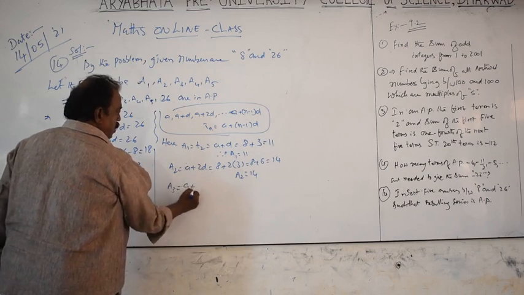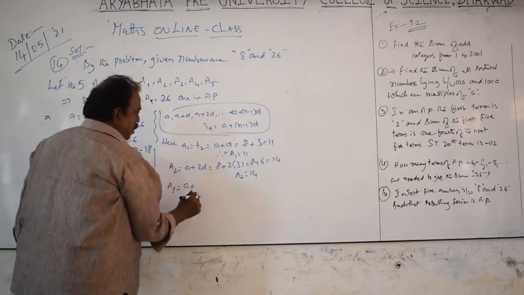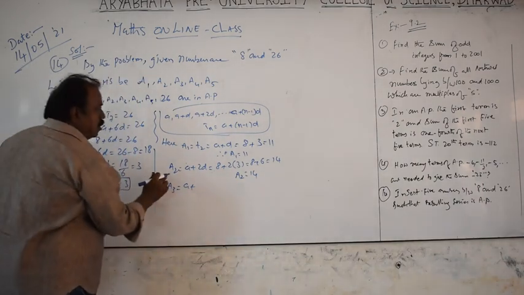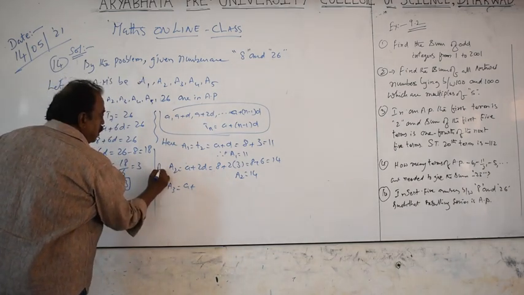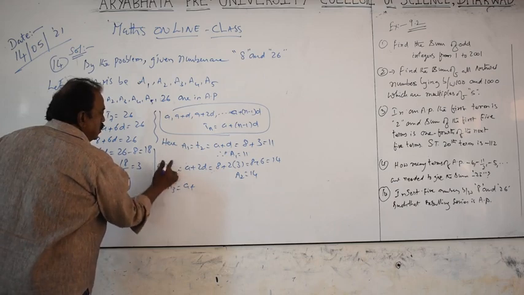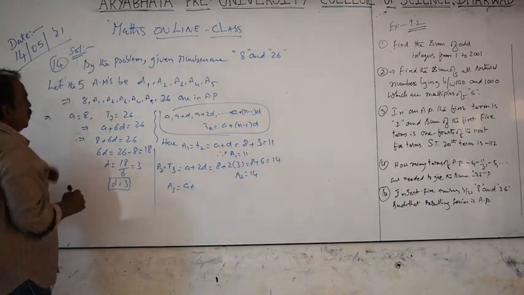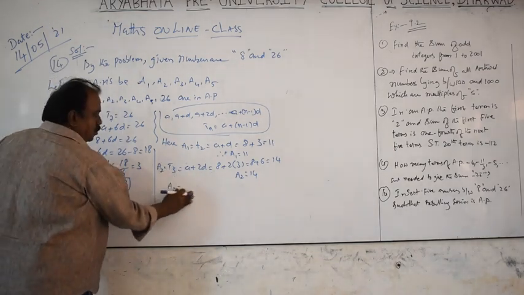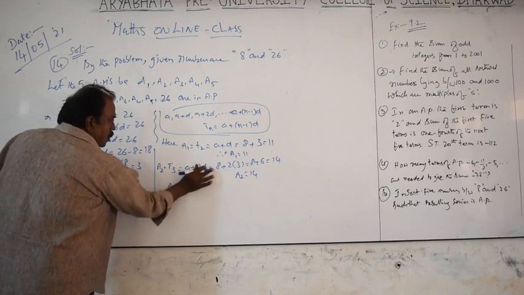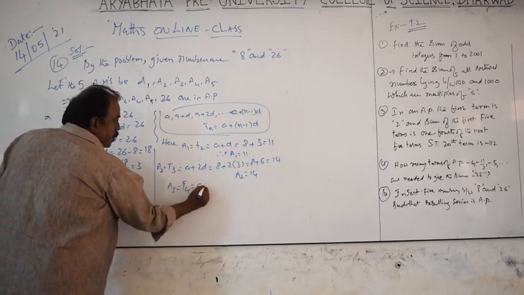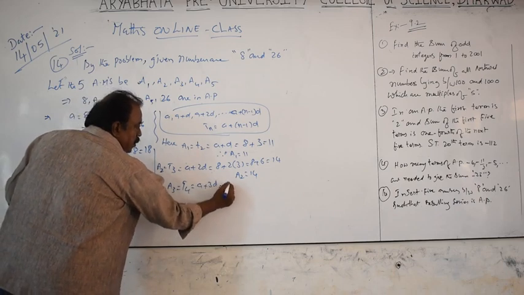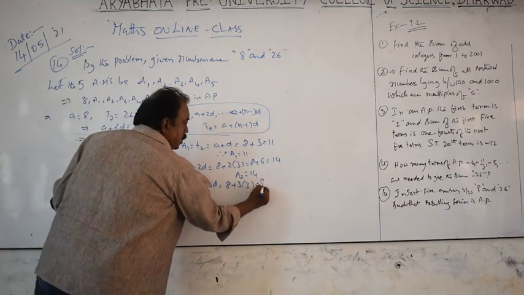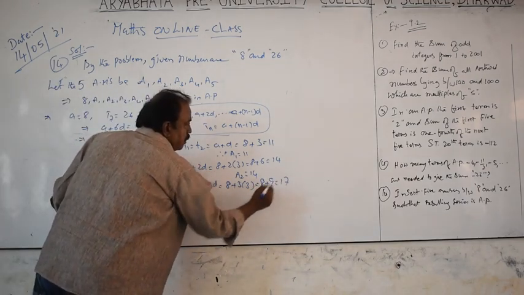Similarly, A3. A2 means T3, and T3 means 2D. A3 means, don't confuse, T4, A plus 3D. So 8 plus 3 into 3, D is 3, so it is 8 plus 9 is 17.